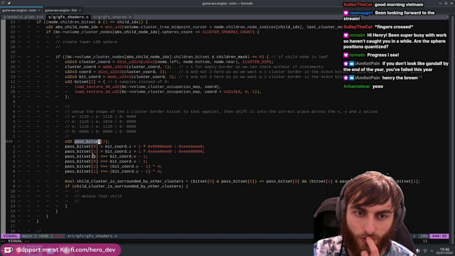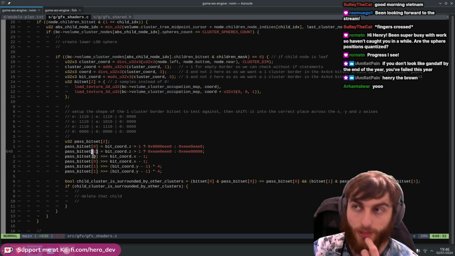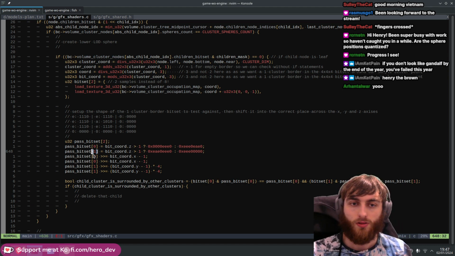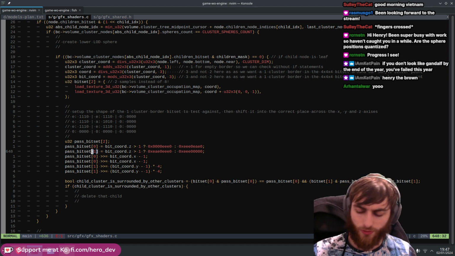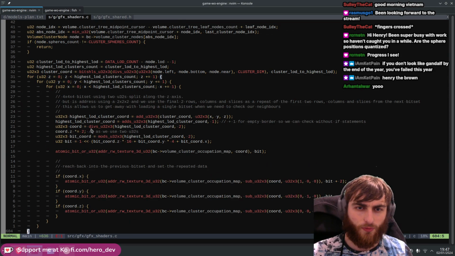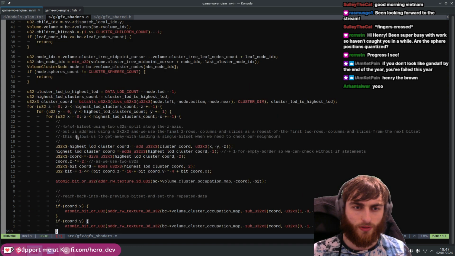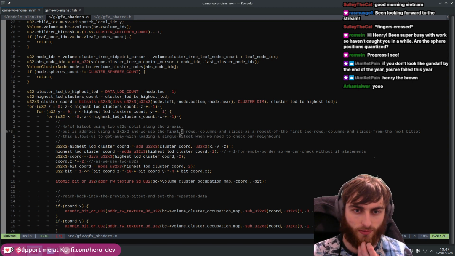Although I thought off stream that there's something to do with the z-axis because we split. So it's a bit of a weird thing that we do. So effectively we've got a 4 by 4 bit set using U32 split along the z-axis. And we address using 2 by 2 by 2s and repeat the final 2 rows and columns and slices.